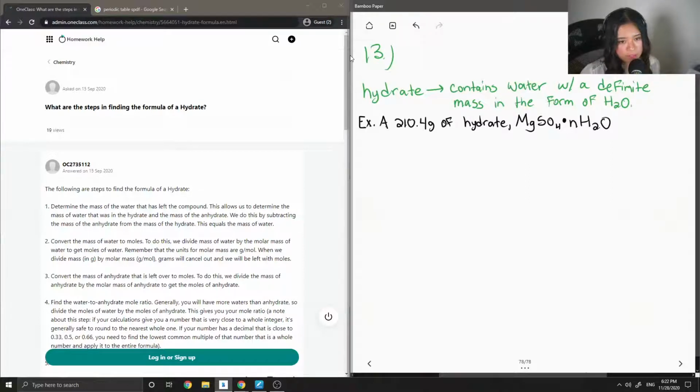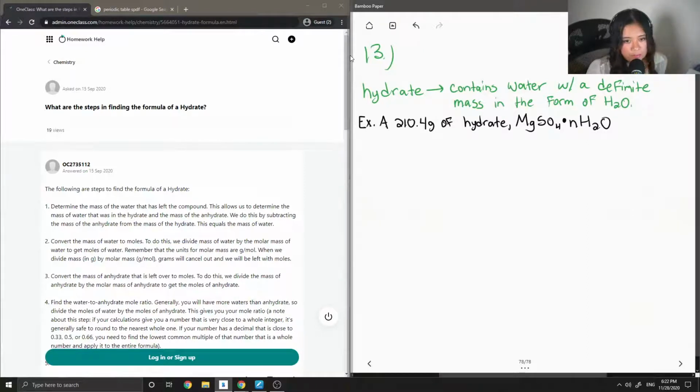So you know you have a hydrate when there is one of those giant bullet points, and then you have a number beside H2O at the end. So this is what a hydrate name kind of looks like.